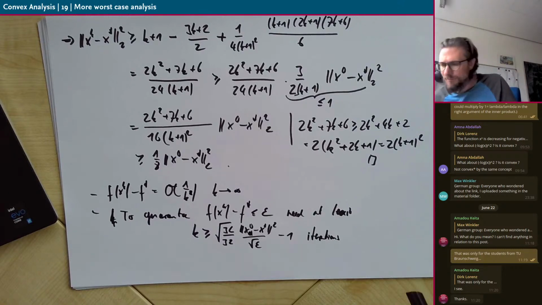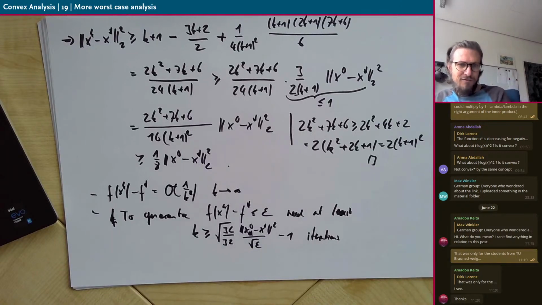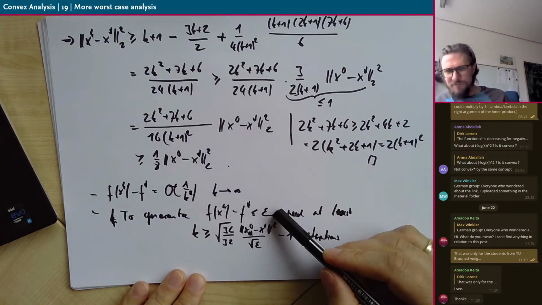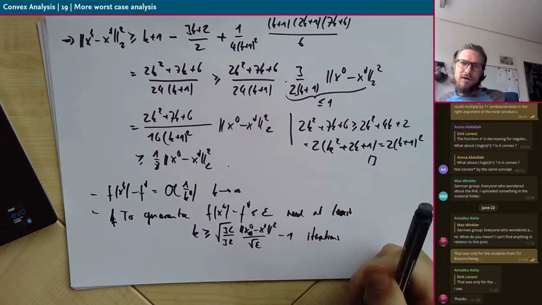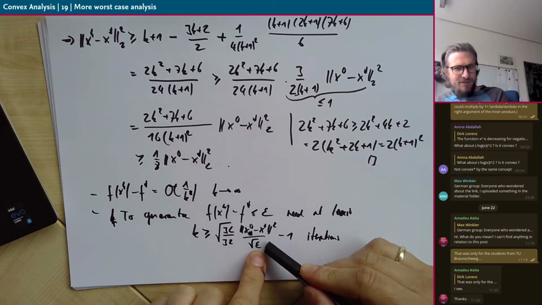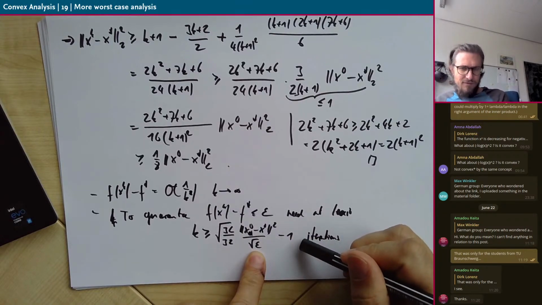Okay, but anyway, what is important here is, if you are at some point and are not satisfied with the result and would like to improve the distance to optimality by a factor of 2. Let's say you're down to epsilon, how many iterations do you have to do to get down to epsilon over 2? If you cut this epsilon in half, you add a factor of square root of 2 to the right hand side.